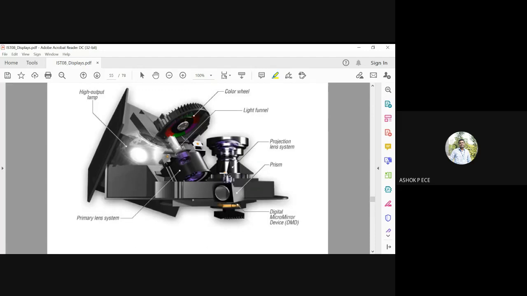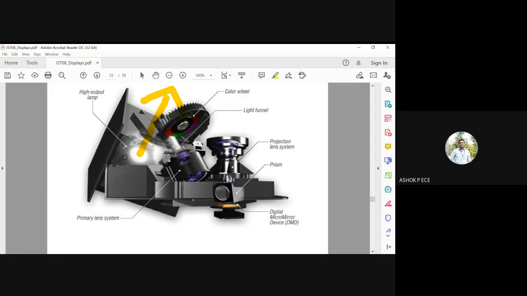So you have a DMD, you have a prism, then you have a lens, you have a projection lens system, you have a light funnel, color wheel, and then a high output lamp. This high output lamp is going to project your image onto the white screen. So the prism, this primary lens, is going to get the reflected light from the DMD, and it is going to pass that through a light tunnel, then the color wheel, and then it is given as input to your high output lamp.